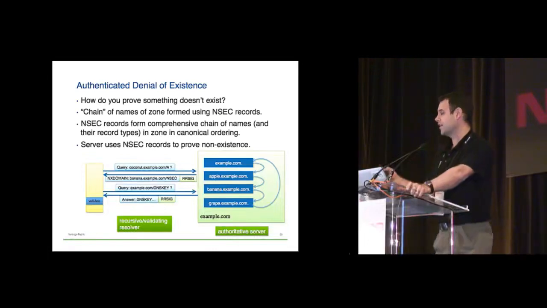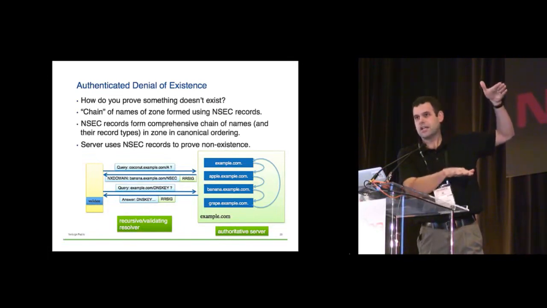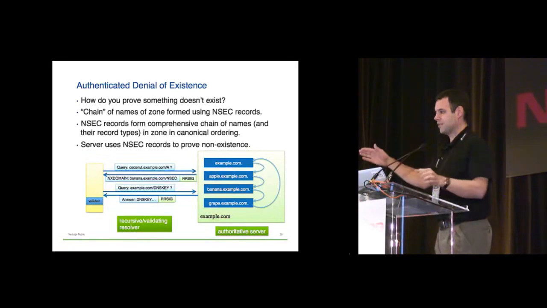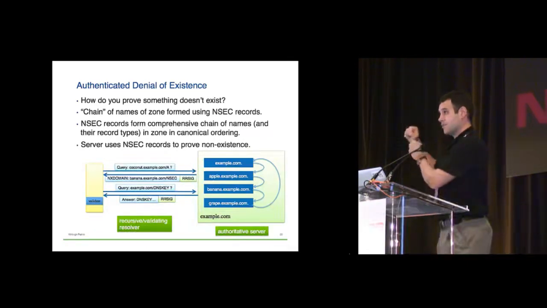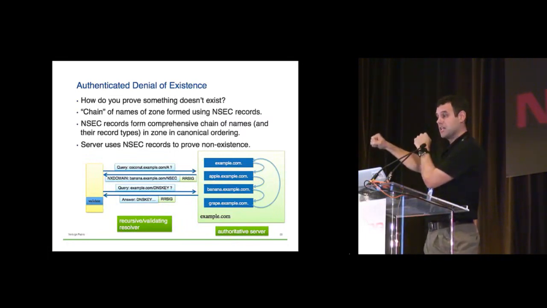In DNSSEC, the way they do it is they take all the names in a zone and order them. Think alphabetical. Then when you ask for something, it looks at this alphabetical ordering, and there's a record called an NSEC record, and it has a name, and then it has whatever the next name is. So you've effectively created this chain.